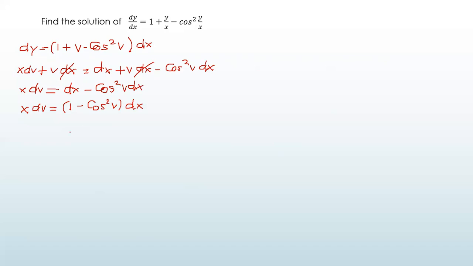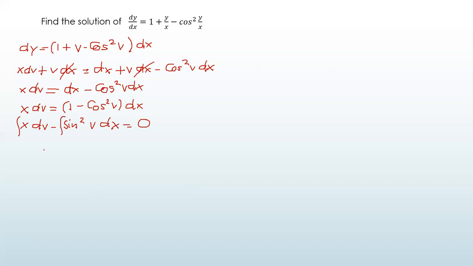1 minus cos square phi equals sine square phi. X dv minus sine square phi dx equals 0. Okay, afterwards, we give integration here.